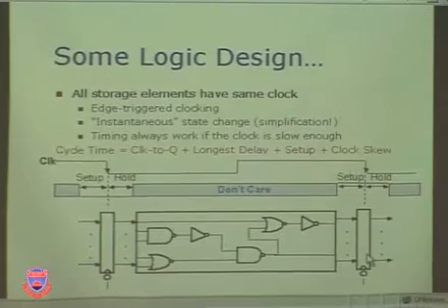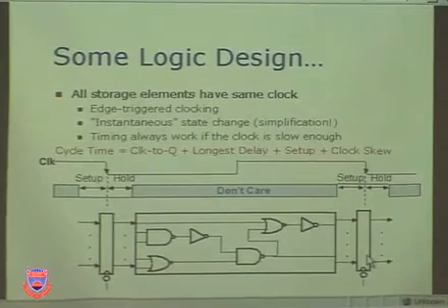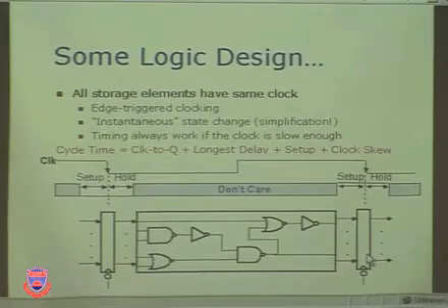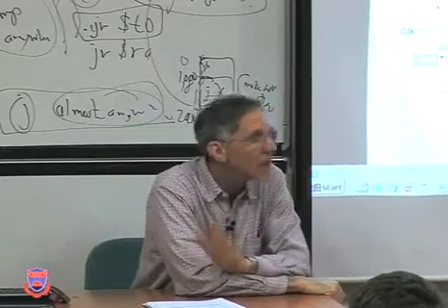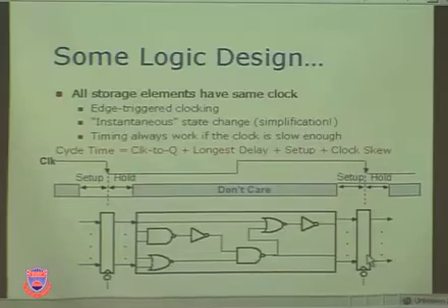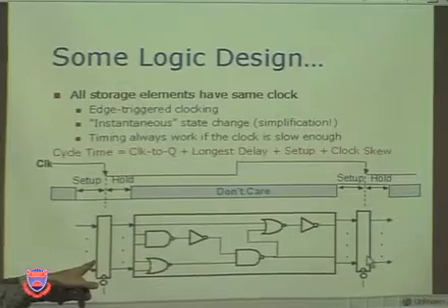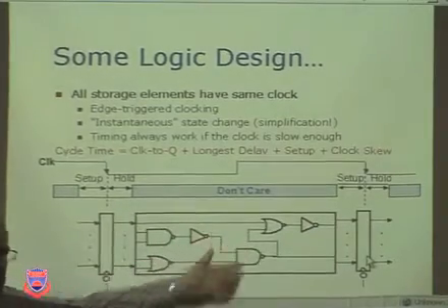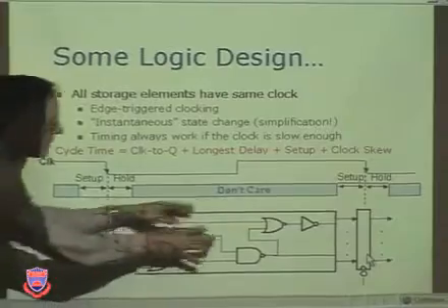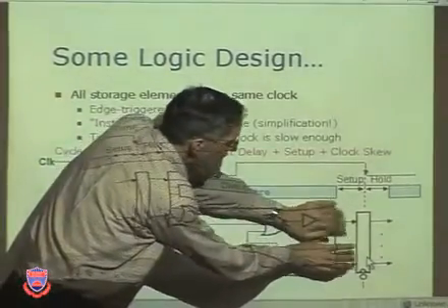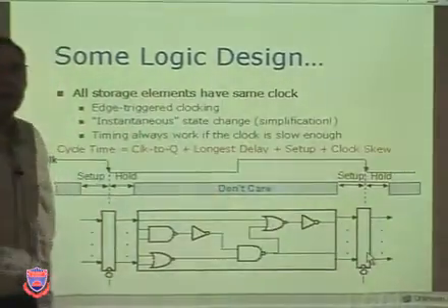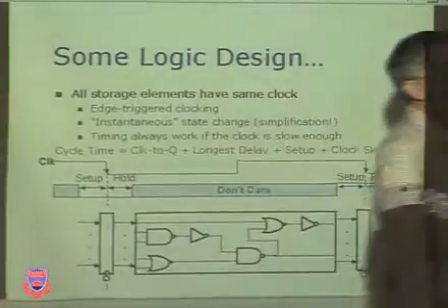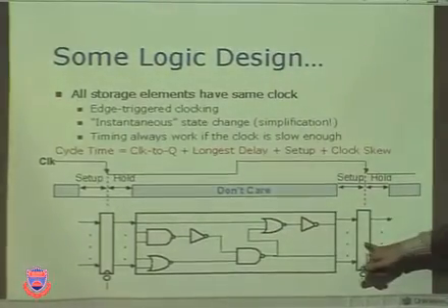Now, let's review a little bit of logic design. I think everybody remembers, at least in my sections of CS-224, we worked hard on timing issues. We worked hard to understand this kind of diagram here. Here's a register, and it's got some data. And that data is going to flow through this combinational circuitry, and it's going to be transformed and create some new values here. And those new values will be latched into this register.